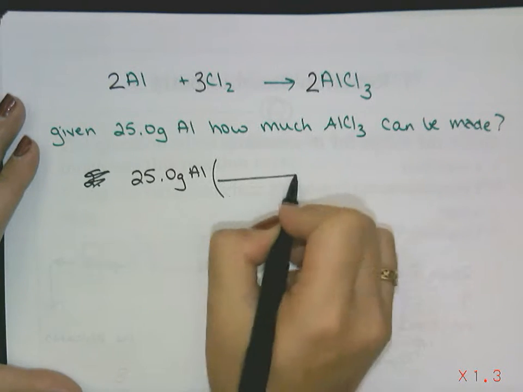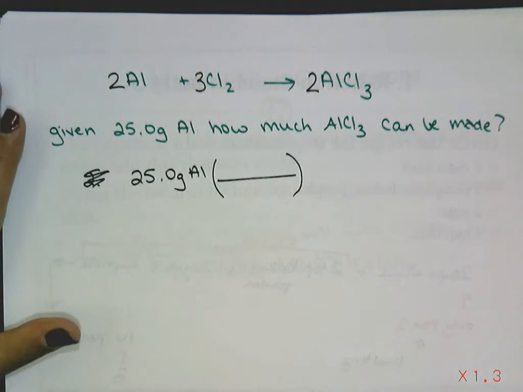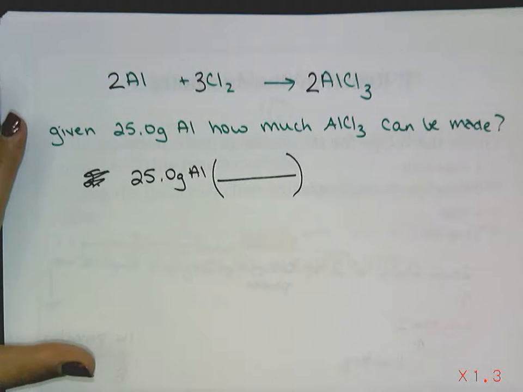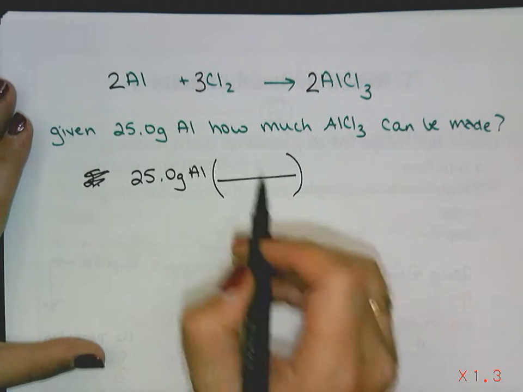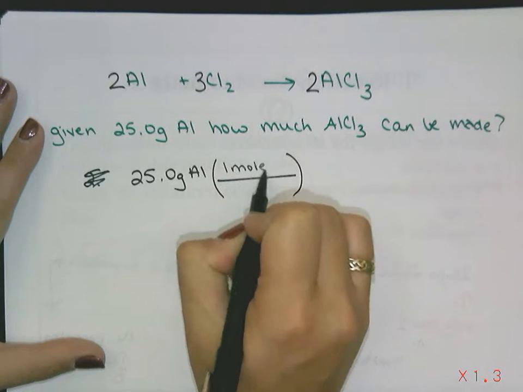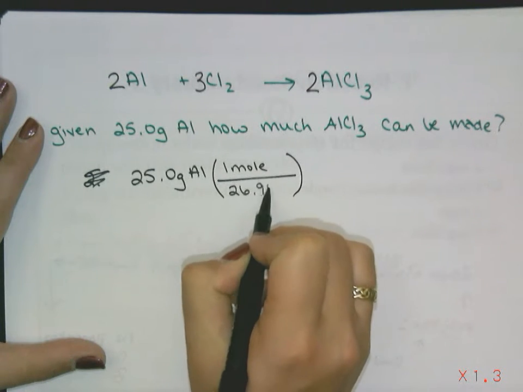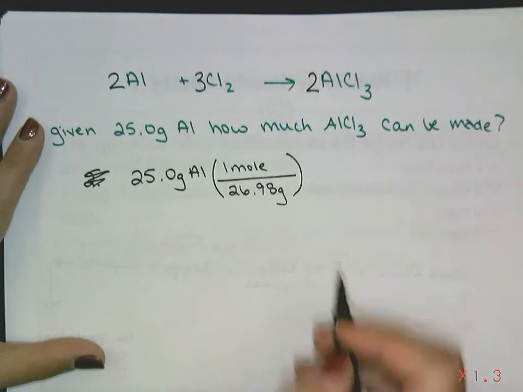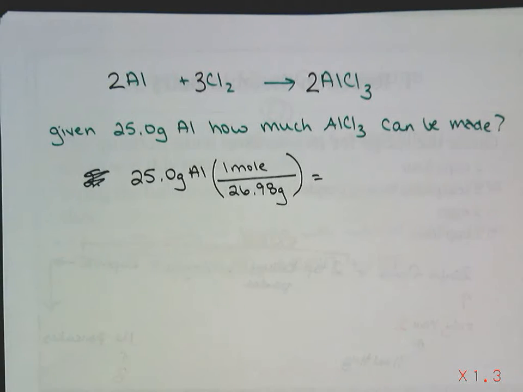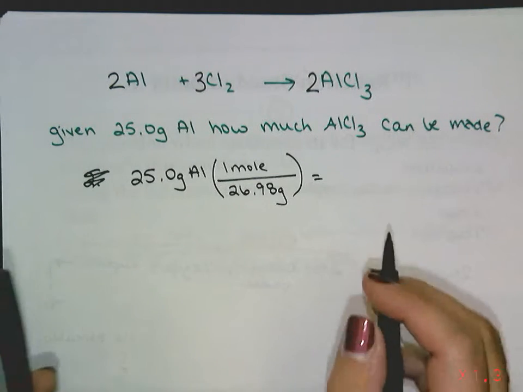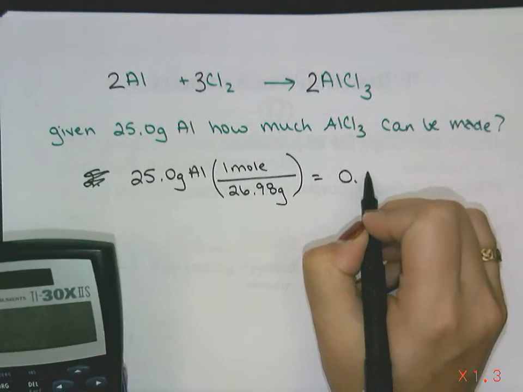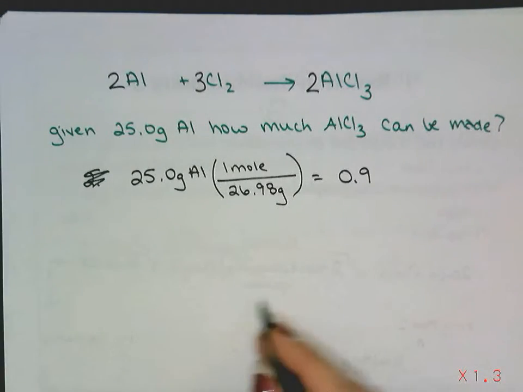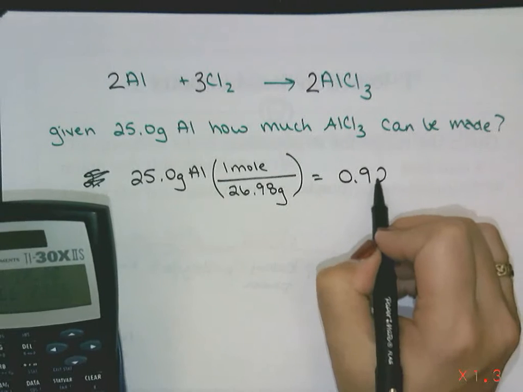All right, aluminum has a molar mass of 26.98. I just made the problem up off the top of my head, so everybody double check my math. I think this should work out. 3, 2, 7. Woo.